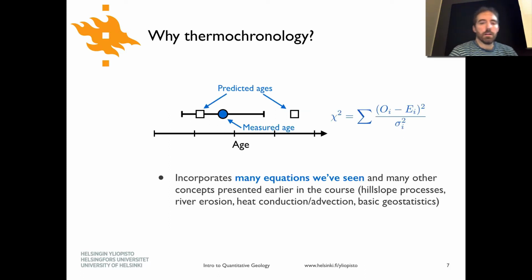And the other thing that relates in terms of the equations we've seen here is this goodness of fit stuff that we saw back in exercises 8 and 9 when we did the basic geostatistics. So we can come back to some of these things we've already seen to calculate things like the chi-squared value, to compare some age you predict from a numerical model, which is what we'll use this week, to some data set, which is what we'll use next week.